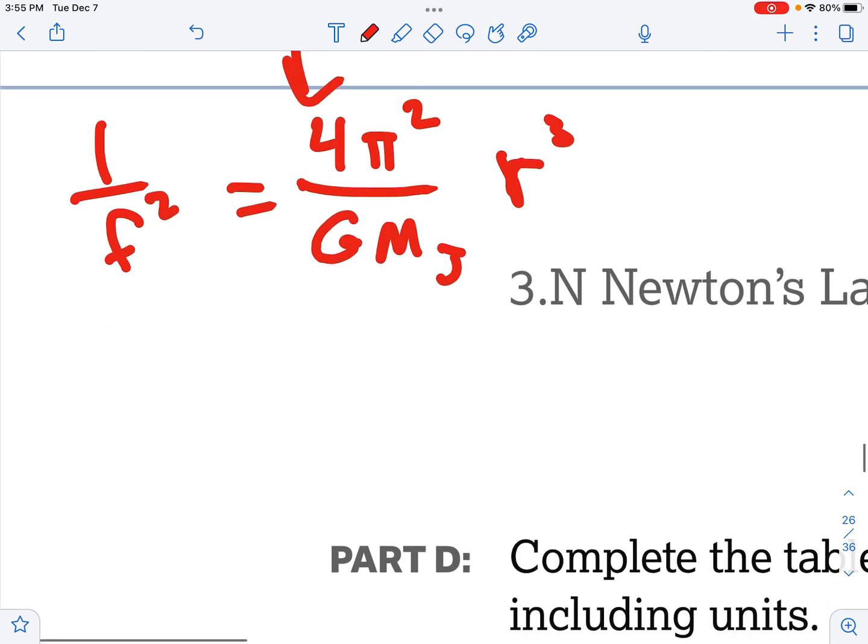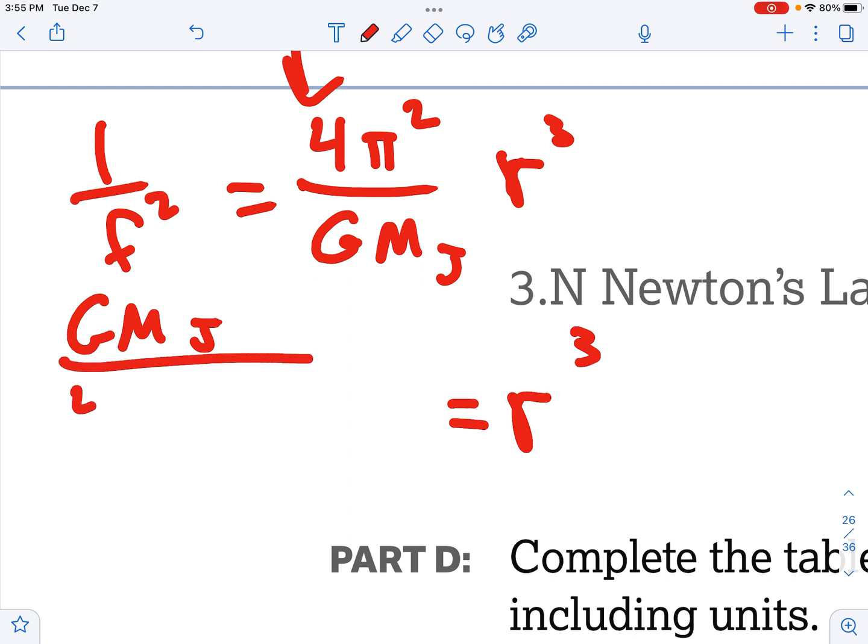Maybe I just want to get r by itself. So r cubed is GMJ all over 4 pi squared times frequency squared.